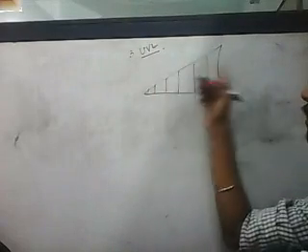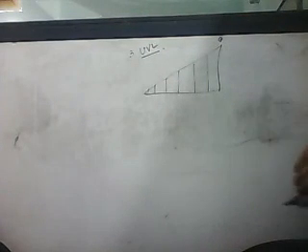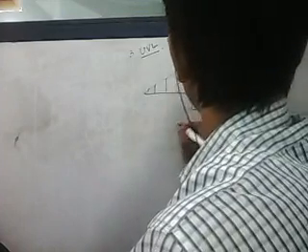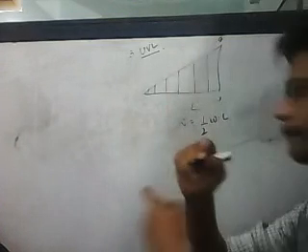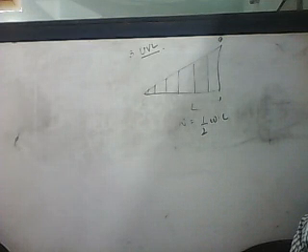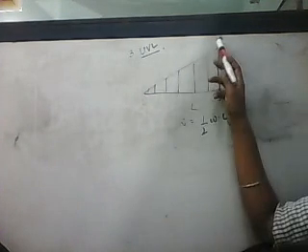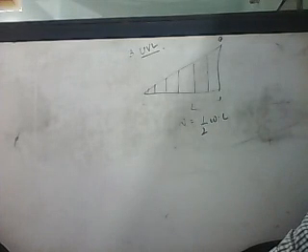Suppose here the value is small w, and this length is suppose l. In this case, capital W is half small w into length. Small w into the length into half.